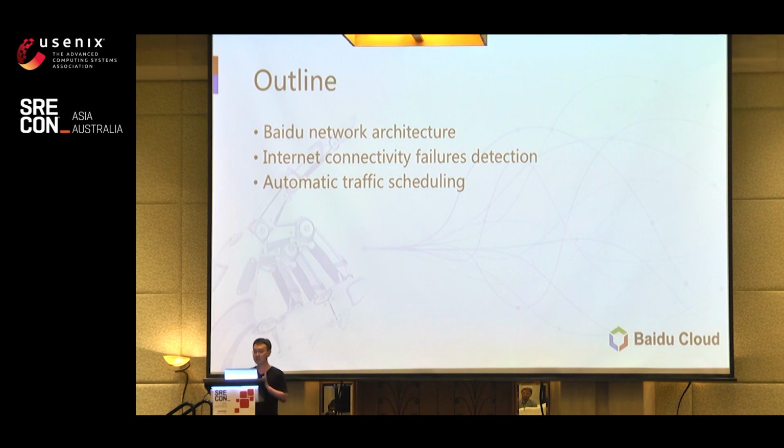In order to improve user experience, we need to detect the failures and handle them. Then I will introduce how to do automatic internet connectivity failures detection. Last, I will talk about automatic traffic scheduling to handle these network failures. Okay, let's start.